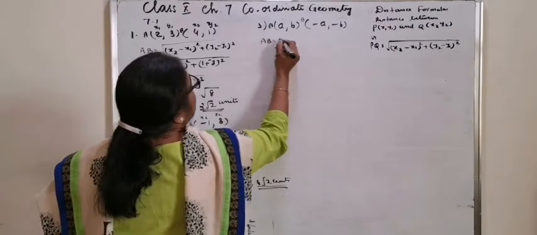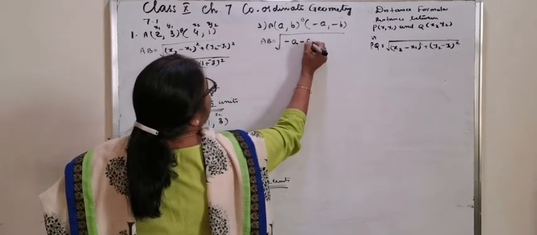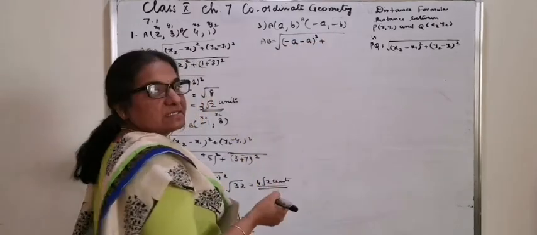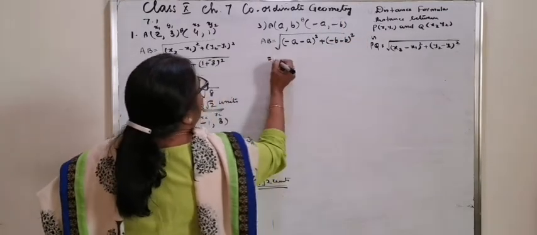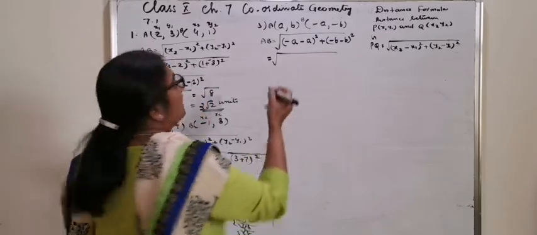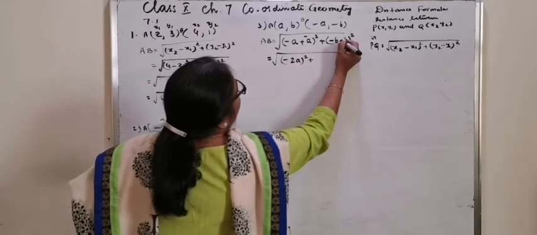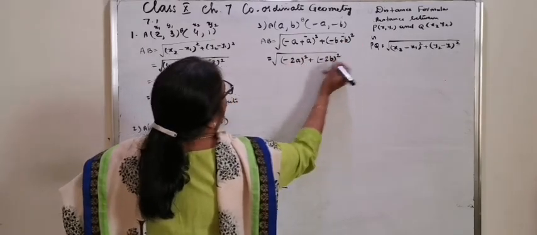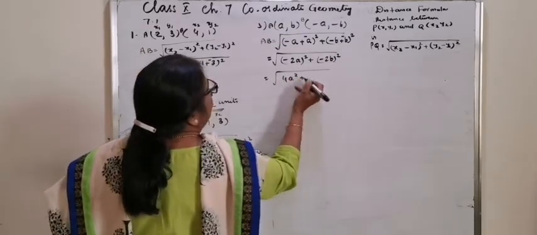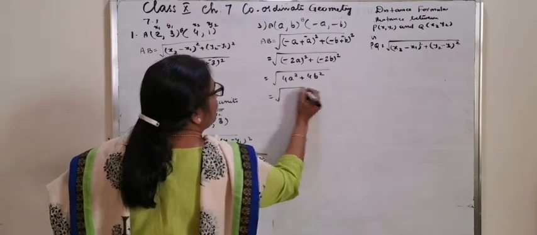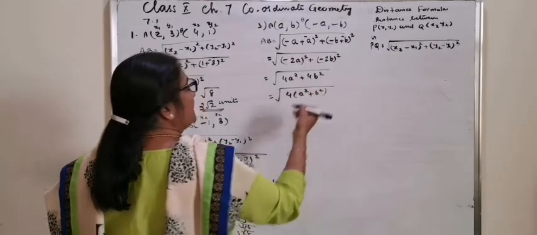AB is equal to square root of (minus A) the whole square plus (minus B) the whole square, square root of plus negative, that is minus 2A the whole square plus minus 2B the whole square, square root of 4A square plus 4B square, square root of, you can take 4 as common, into A square plus B square.